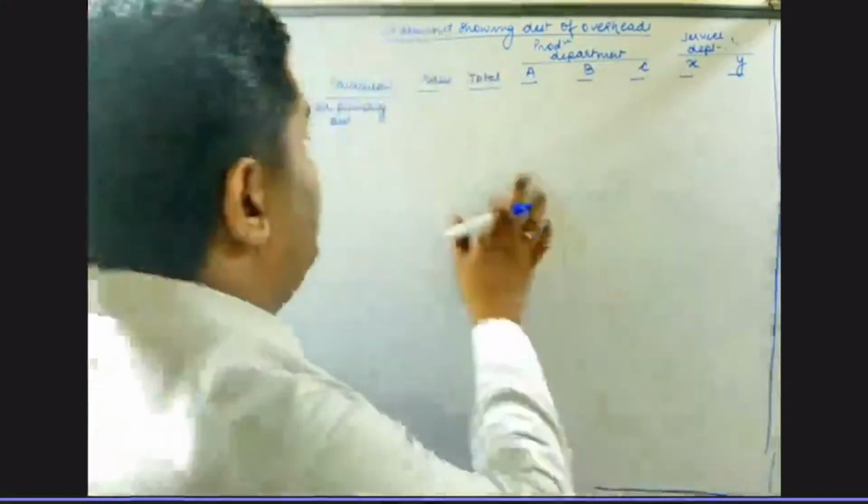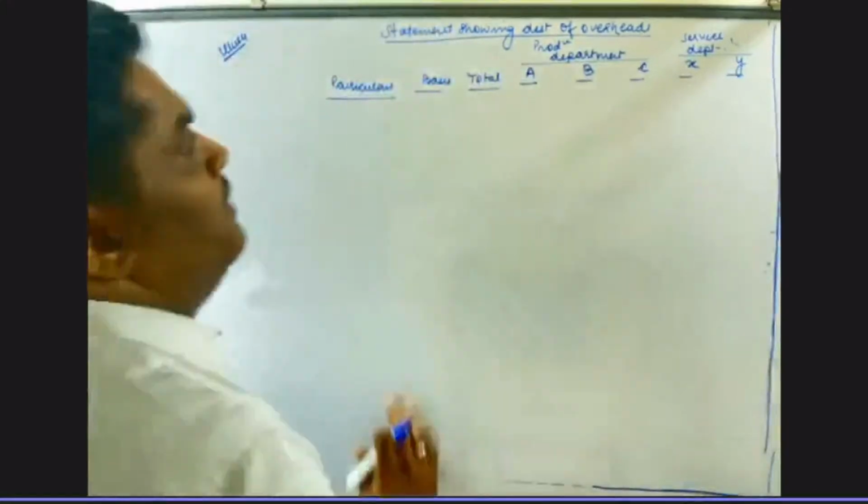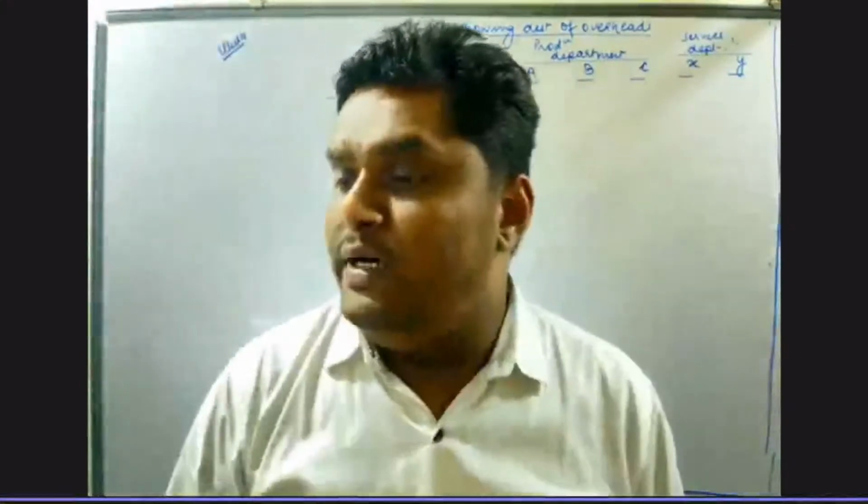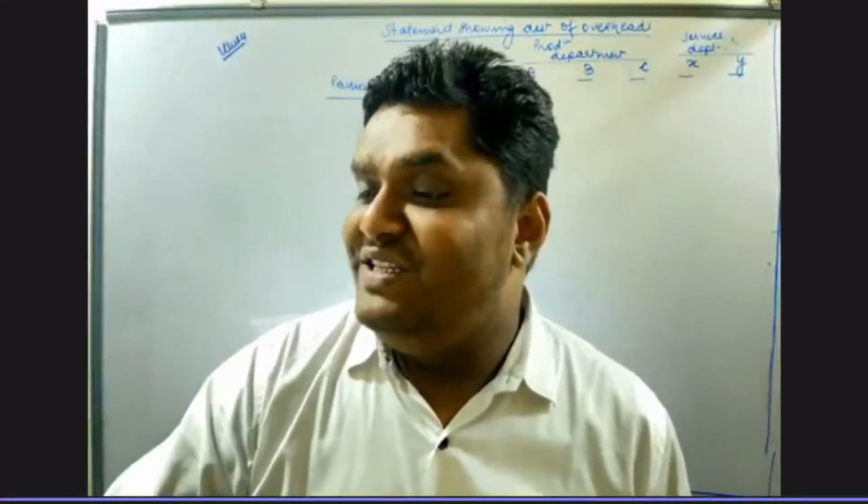Sorry, we have to do the primary distribution. So, statement showing distribution of overheads. We have to do primary distribution also.